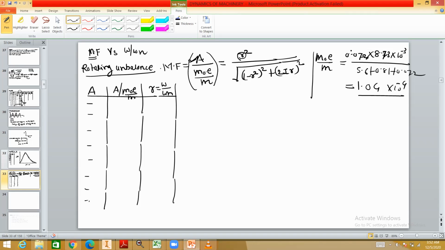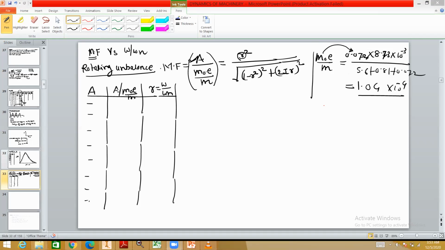Okay, so just check the answer. So m0 is 0.072 kg. Okay, so m0e upon M.